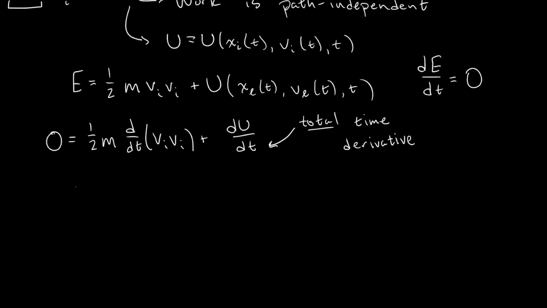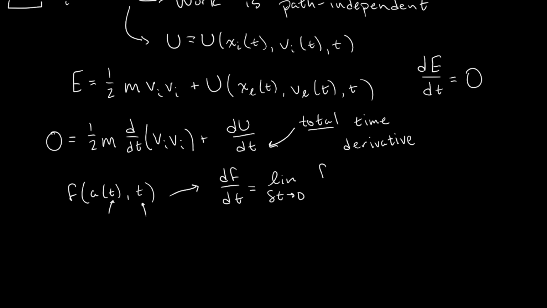So say I have a function f, which is a function of a(t) and t, where a depends on t. A total time derivative is defined as the limit as delta t goes to 0, and I'm going to allow both the t in here and the t in here to vary.